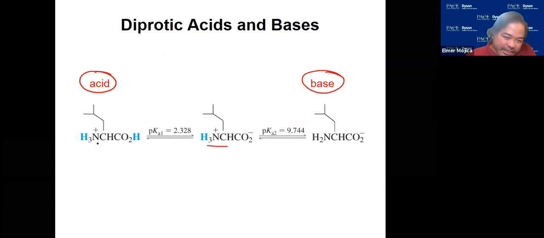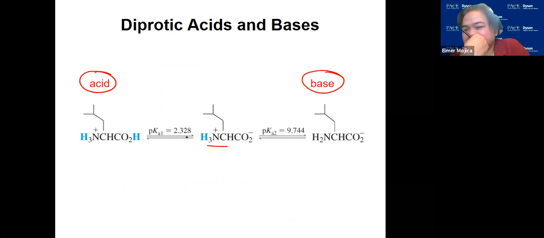Try to look at what happened here. As the pH increases, you lose H. Does that make sense? At higher pH, you don't have H. At higher pH, they are deprotonated.